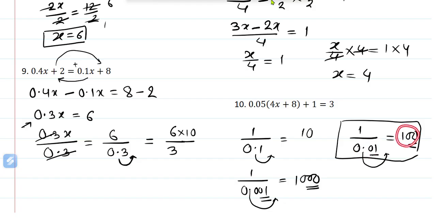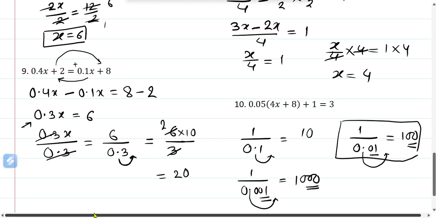And if there are three numbers after the decimal, then you multiply by 1000, and so on. So in this case, you simply divide 6 by 3, which is 2, times 10. So the value of x is now 20. So the value of x here is 20.